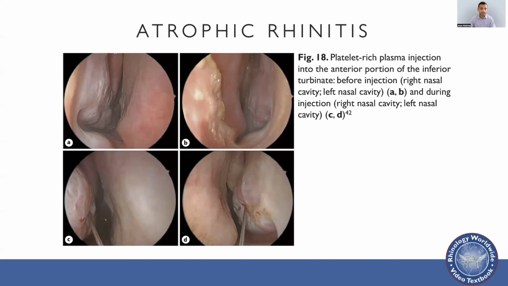This is an example showing the injection of platelet-rich plasma into the nasal cavities, which is a treatment option for these patients if topical therapies fail.